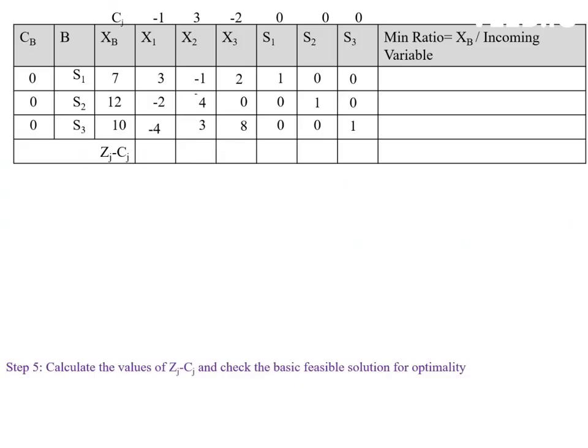Next step is to calculate the values of Zj minus Cj and check the basic feasible solution for optimality. We know that Zj minus Cj equals Cb into Xj minus Cj.